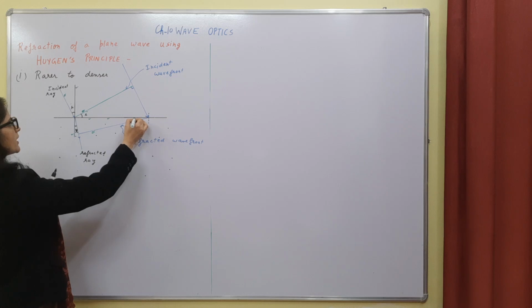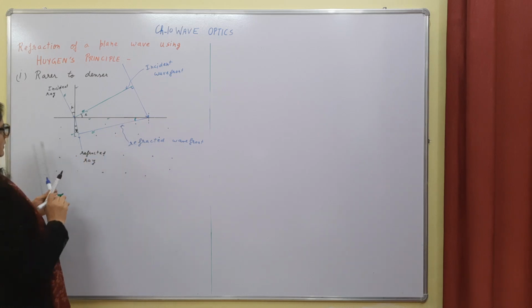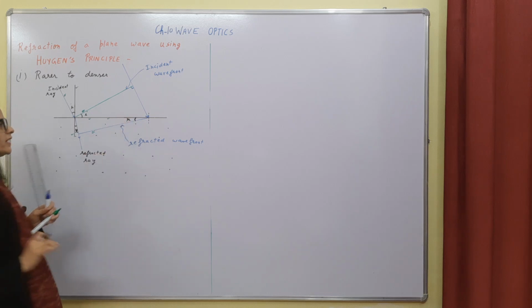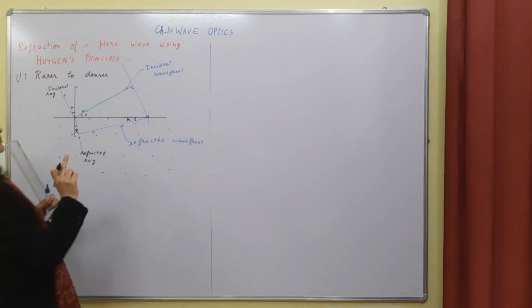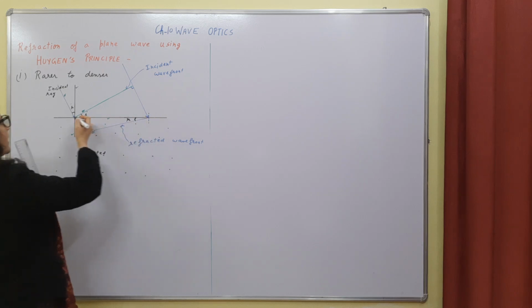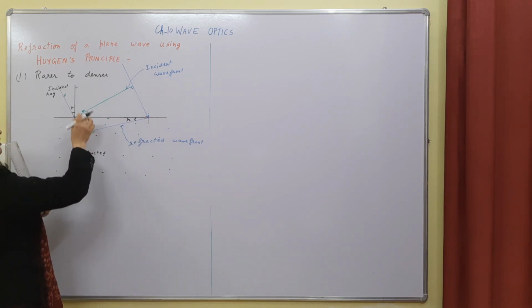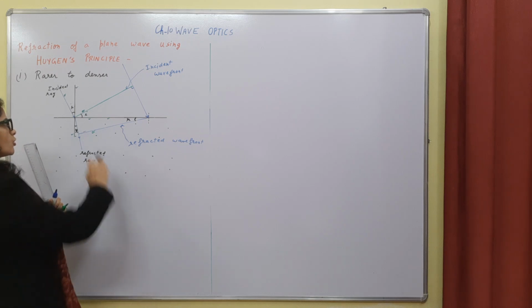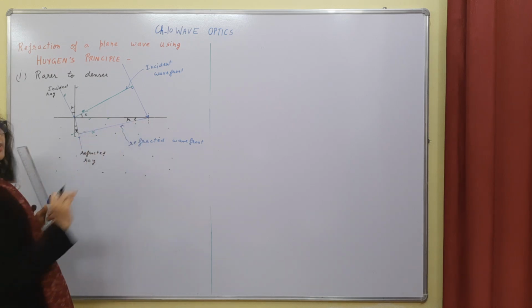So this will be angle R, right? Now the same time will be taken by a point over here to reach here and the point over here to reach over here, because these were points on the same incident wavefront. So these will reach the same refracted wavefront.